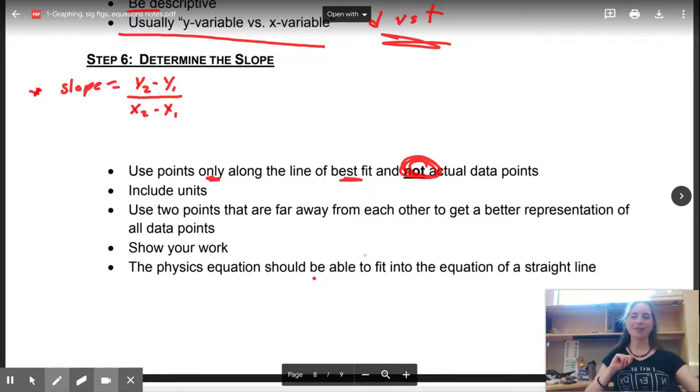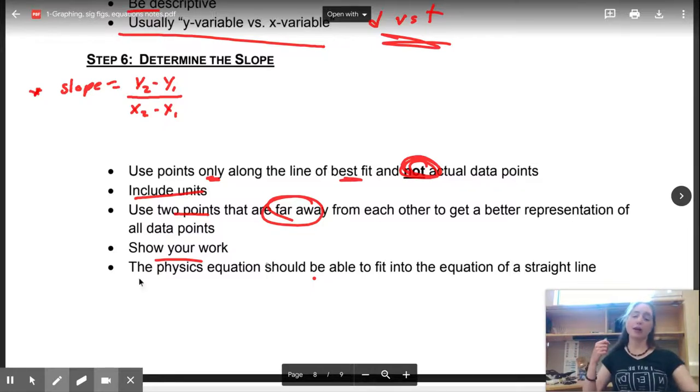You are going to include units. No units, I take off points. You're going to use 2 points that are far away from each other on the graph, so that way you get the best representation of the data. It's going to be more accurate. Show your work. We're going to talk a lot about how I want you to show your work in future.